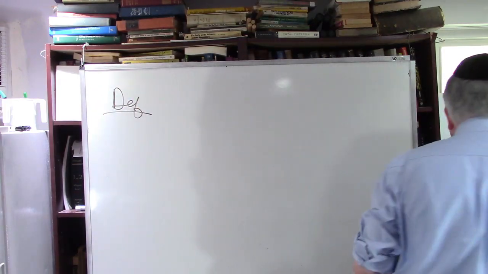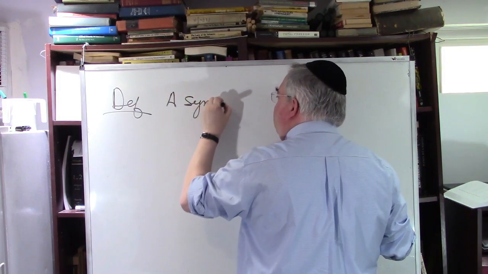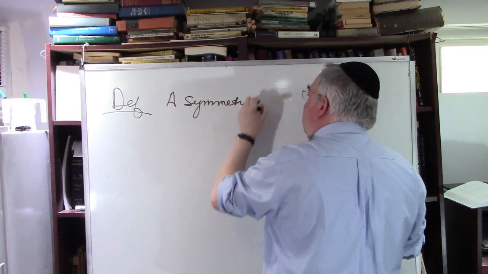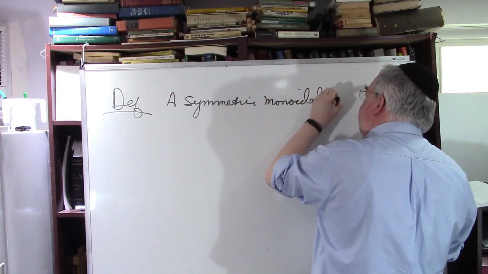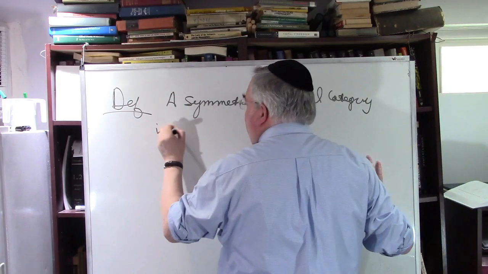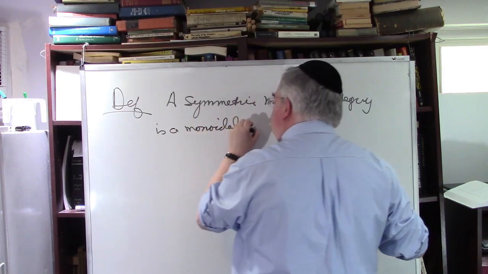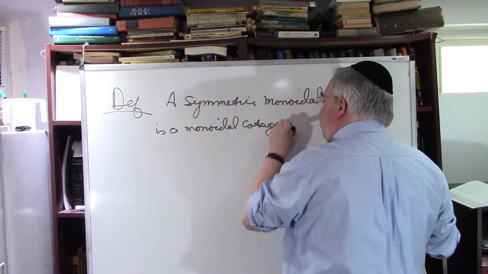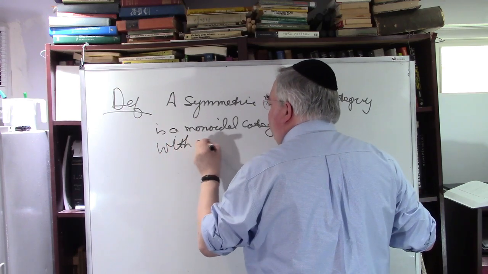A symmetric monoidal category is a monoidal category with a braiding.